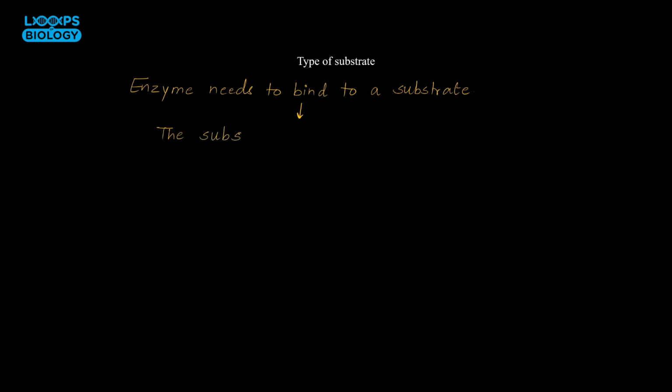So let's move to the next part, that is type of substrate. Whenever I'm considering a type of substrate, what does that mean? The enzyme needs to bind to a substrate. That is my basic need for any chemical reaction.